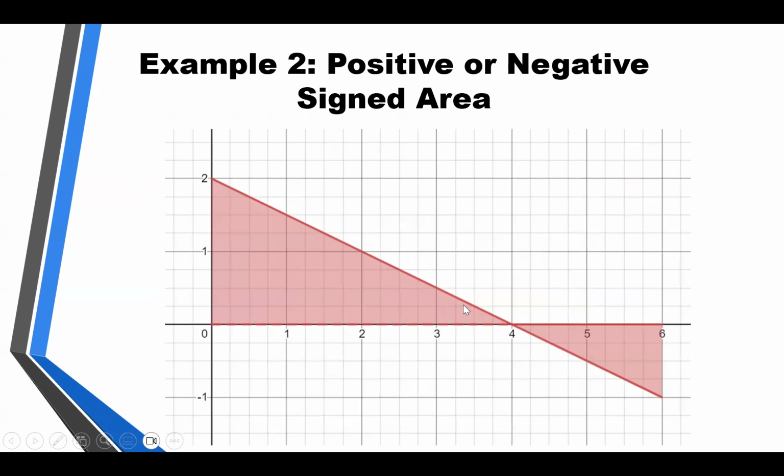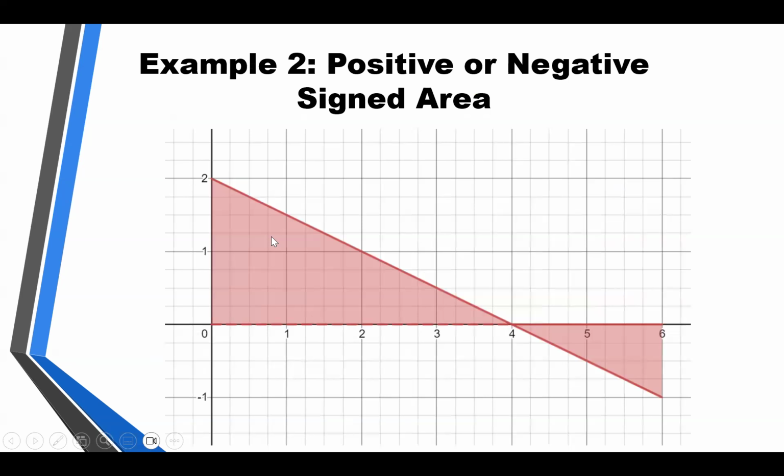Now, in other cases, let's say we're looking at this line. Again, this red line. Now, I've highlighted the signed area. So you can see that the signed area is a combination of these two. But this horizontal line is the x-axis.